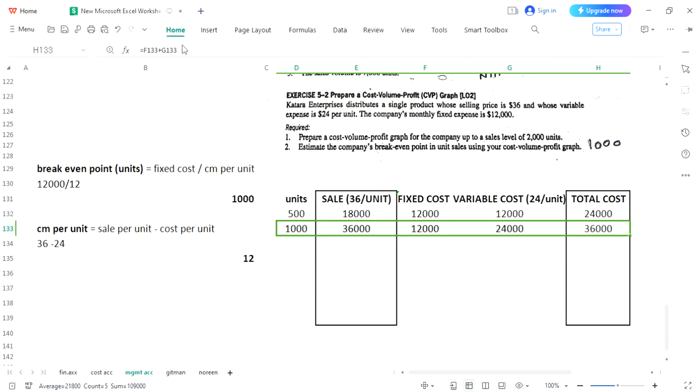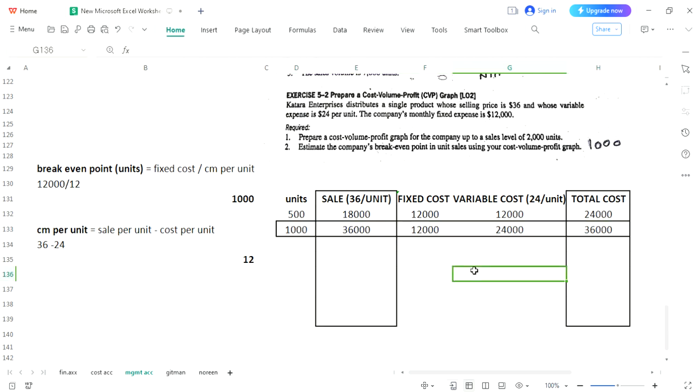How? What I was saying, if your sale price is equal to your cost, here is your cost and we will be highlighting it. If your cost was 36,000, then your sale price is also 36,000. So 1000 is the number of units representing the break even number of units.